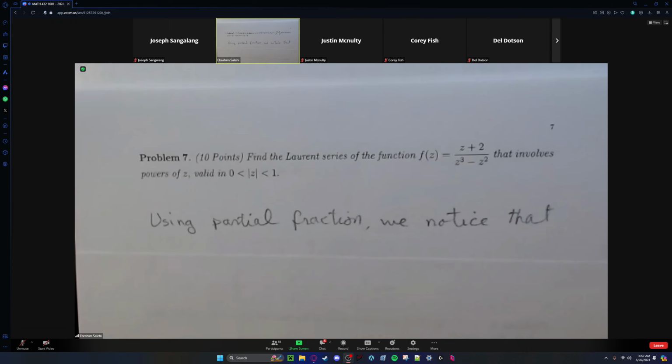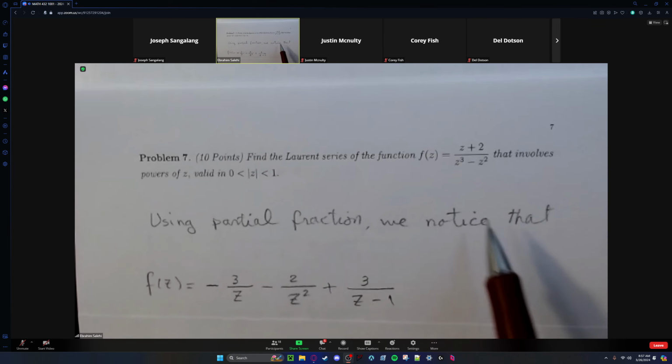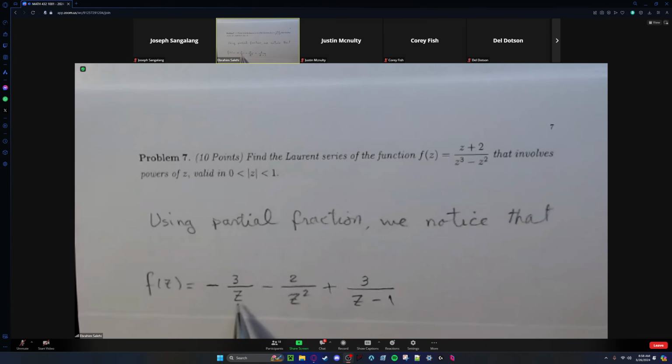But anyway, in any math problem you can have different approaches and different solutions. In this case, I noticed that some of you, or most of you, tried to use partial fractions. Here is the result of partial fractions. I am not going to mess with this one and this one because they are already in powers of z.